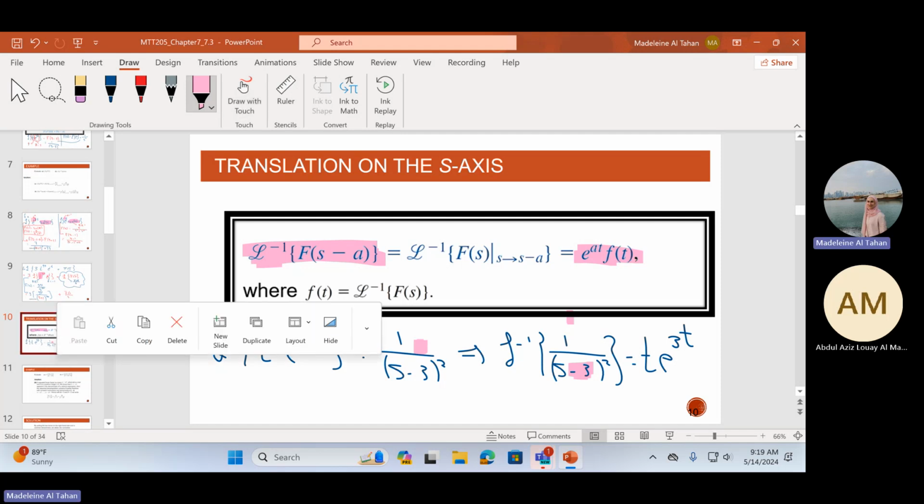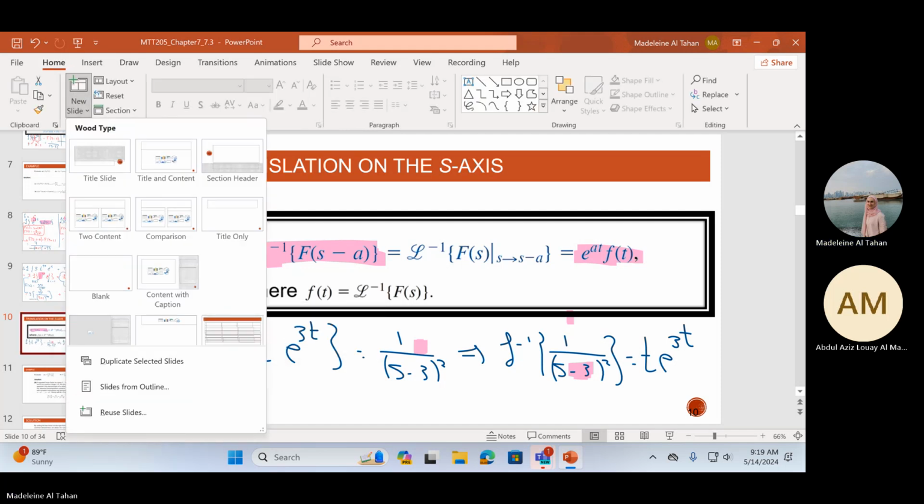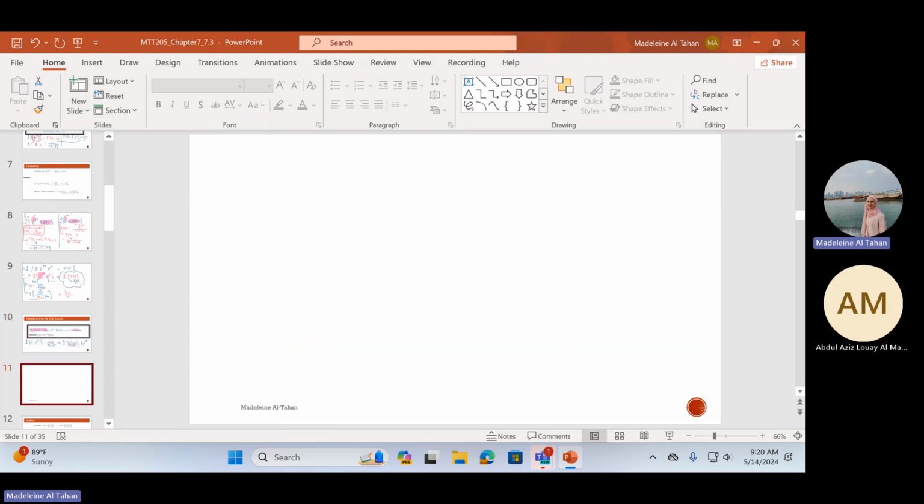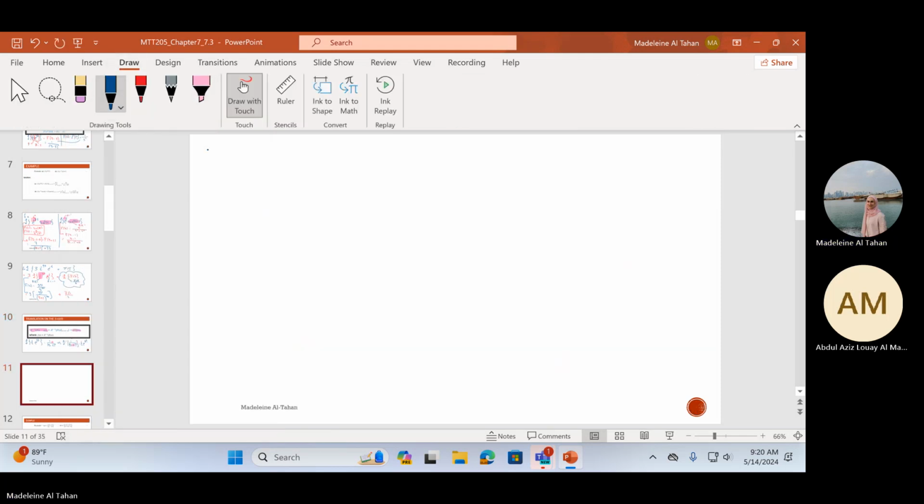Let's think about this one to make sure that everything is okay. Think about this one. Again, when you have instead of s plus something or s minus something, cover it and check it alone as well. Let's take a few minutes to think about this example.